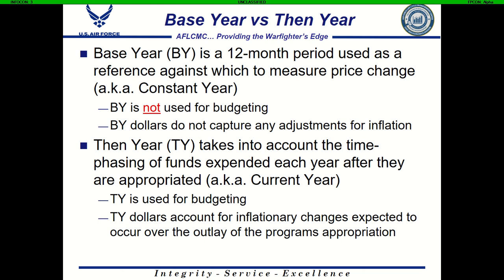We do not use base year for budgeting. We use base year dollars to compare programs or to compare data points from various systems in order to have an apples to apples comparison. So when we have two programs and we want to compare or contrast the cost of those two programs to see which one is a better deal, we want to convert those values into the same base year dollars so that we're removing the effects of inflation, because inflation, especially future inflation, is a reference to an estimate.